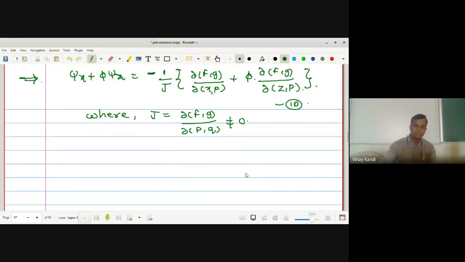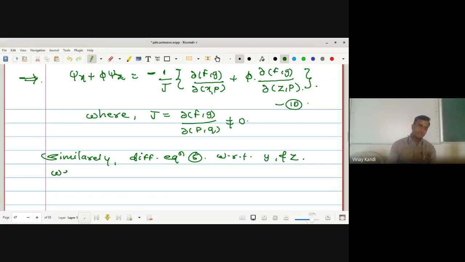Now similarly, differentiate equation 5 with respect to, now instead of x and z, we differentiate with respect to y and z.